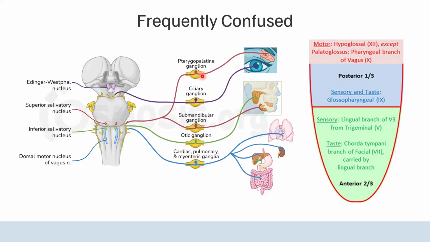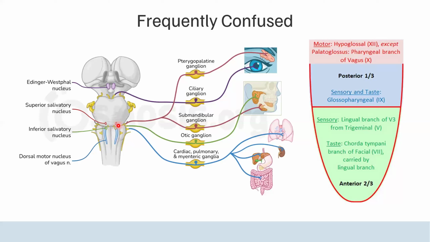The first one is the pterygopalatine ganglion. The second is the submandibular ganglion. The pterygopalatine ganglion is going to supply the lacrimal gland, which will stimulate tear production. The submandibular ganglion is going to supply the submandibular and the sublingual glands for salivation.